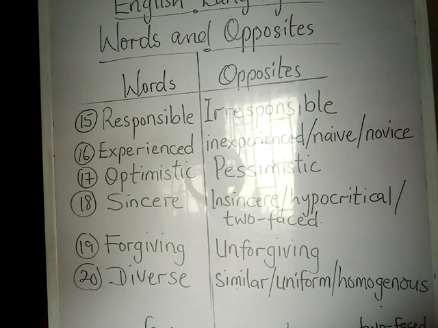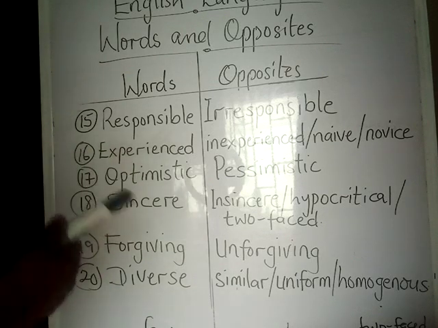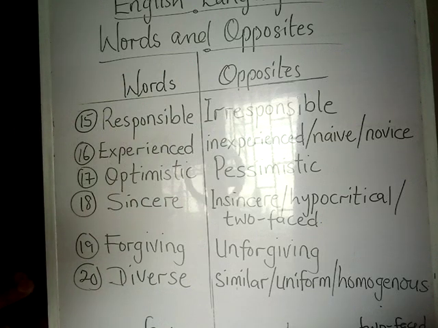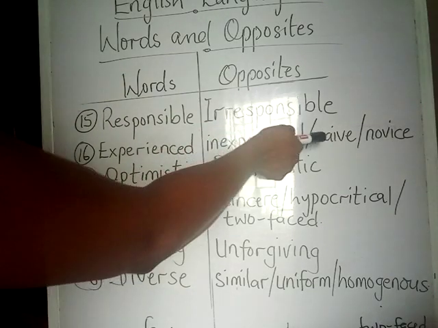Then the next one here is experienced. To be experienced means you have the knowledge of something. You can do something. You have the skills to do something. Like you're an expert. The opposite of it is inexperienced. You don't have the skills. You are not an expert in it. Or you are naive.